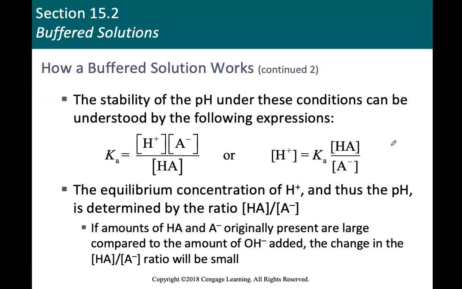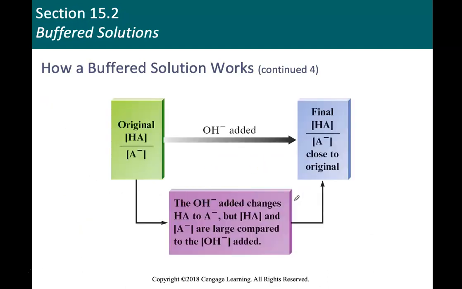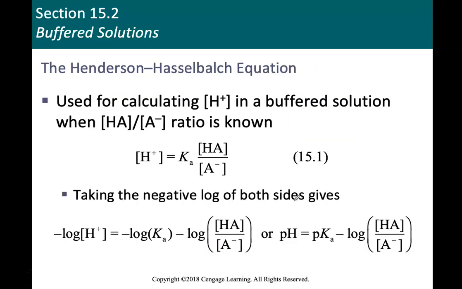Essentially, in the buffer equation shown here, this is the equation of the ionization of a weak acid. If we rearrange this and make H the subject, taking Ka to the other side, this will lead us to this form.